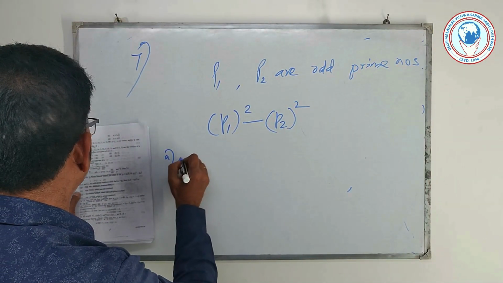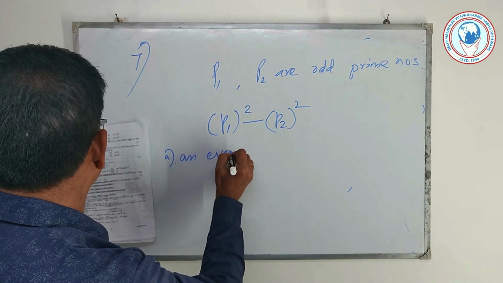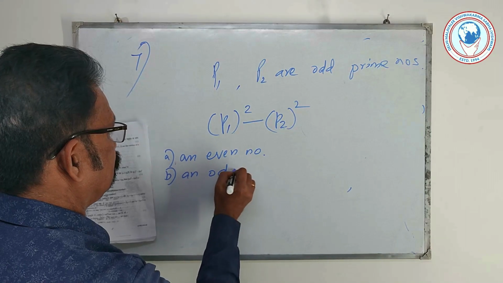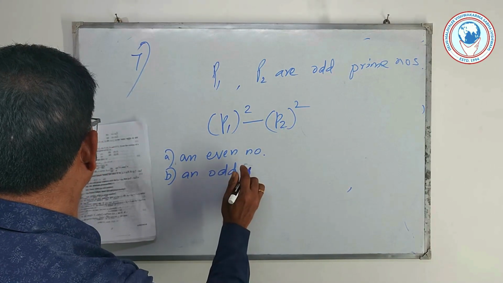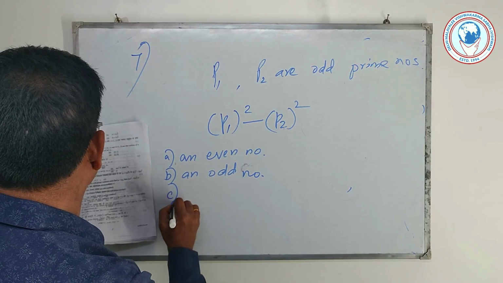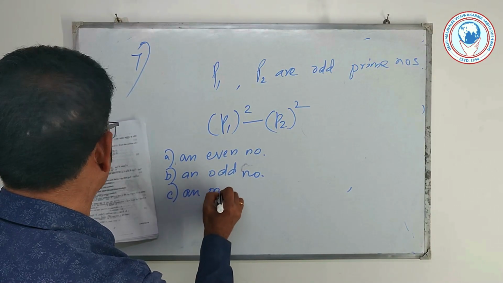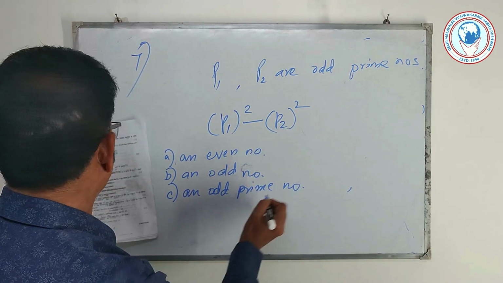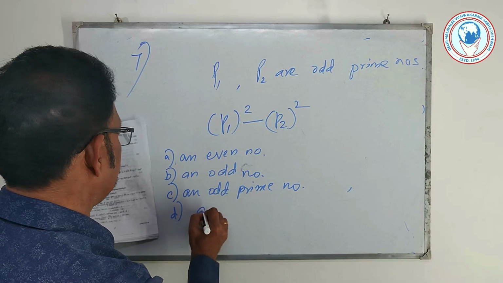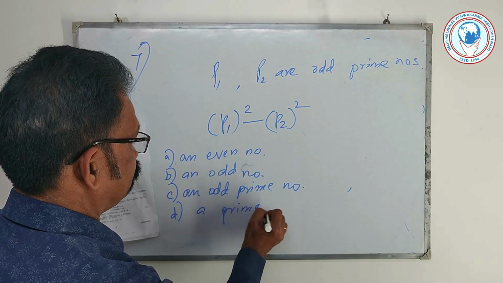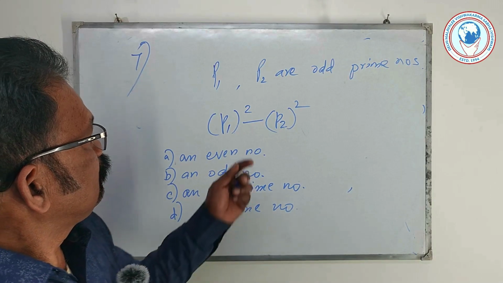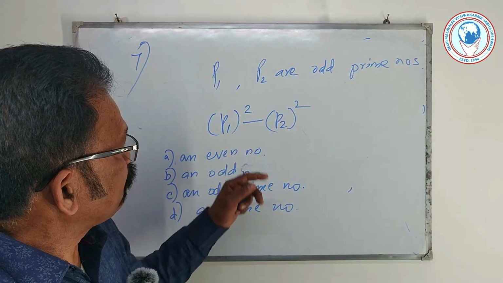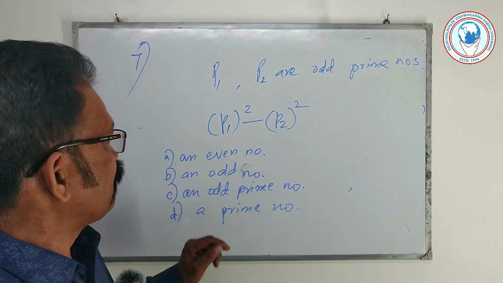Options are even number, odd number, odd prime number, a prime number. P1, P2 are odd prime numbers. P1 is prime, P2 is prime, they are odd numbers also.